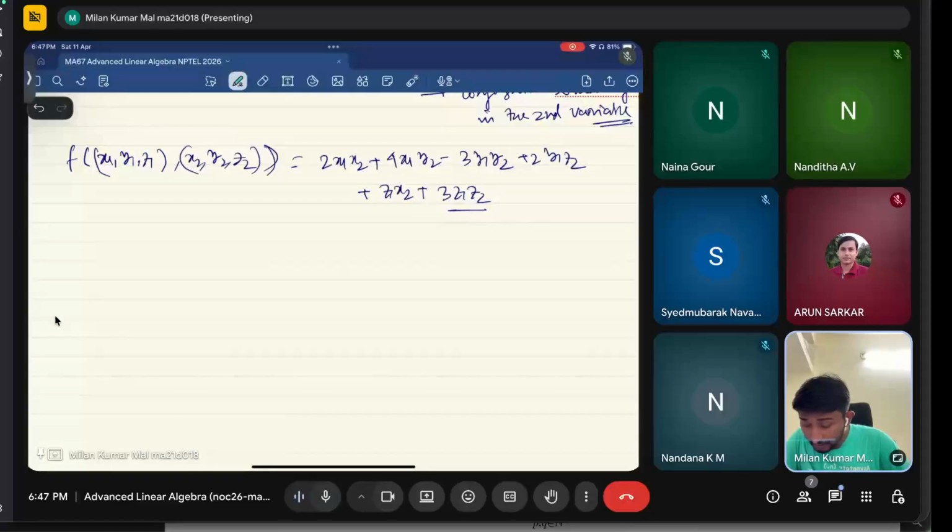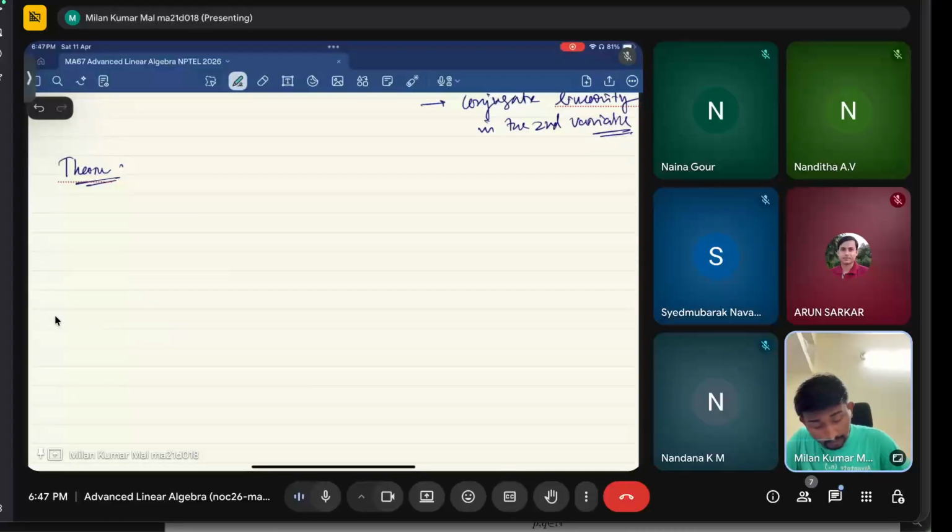The theorem says that if V is a finite dimensional inner product space, and f from V times V to the field F is a sesqui-linear form, then this finite dimensionality will help you find the operator.